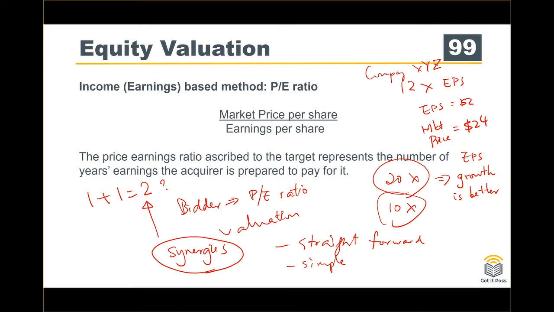So synergies means one company plus one company, the value should be more than 2, for example 3. The difference from just 1 plus 1 is the synergy. Synergies is a term describing that the acquisition of a company can create more value for the investors or the shareholders.